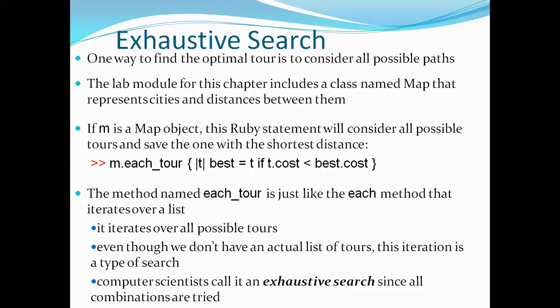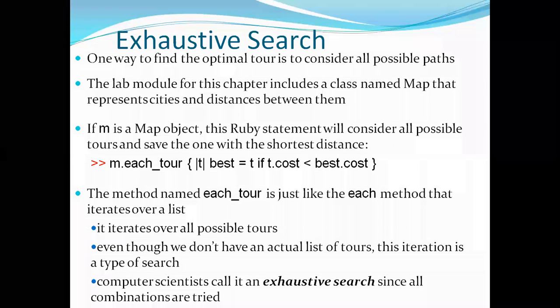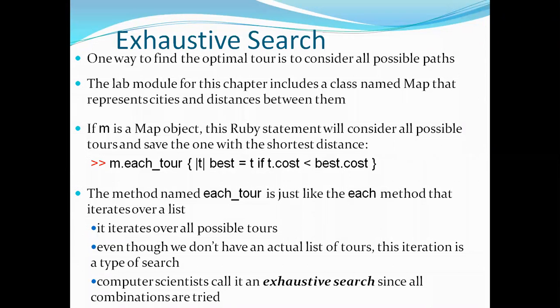Naturally, this method is named each_tour, an iterative method with the following parameters. It iterates over all possible tours even though we don't have an actual list of the tours.